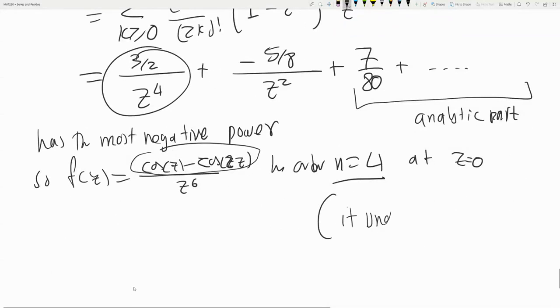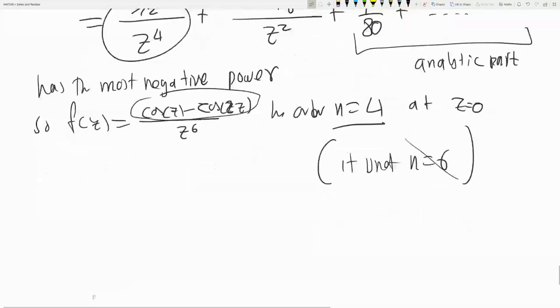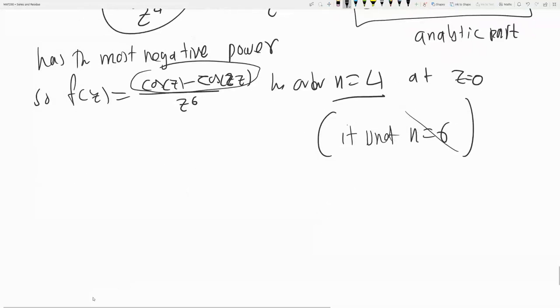It is not n equals 6. All right, so you have to expand the top to see what's happening. Okay, let me finish up with essential singularity.